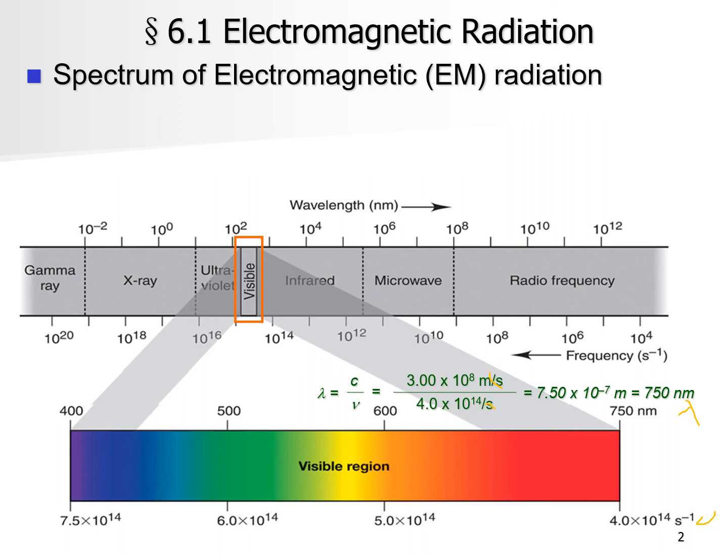This is the visible light right here, but you can see a much broader spectrum of electromagnetic waves, from the shortest wavelengths, remember here in nanometers, 10 to the -2 nanometers, which means we're talking about 0.1 picometer.